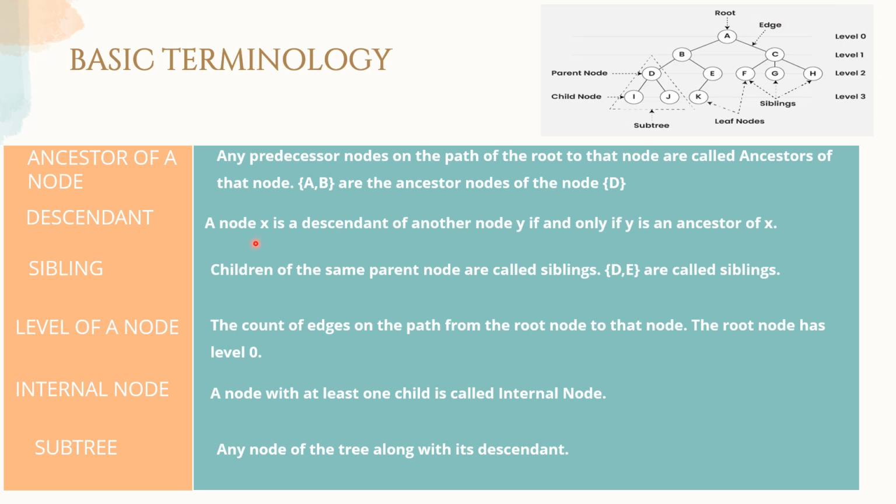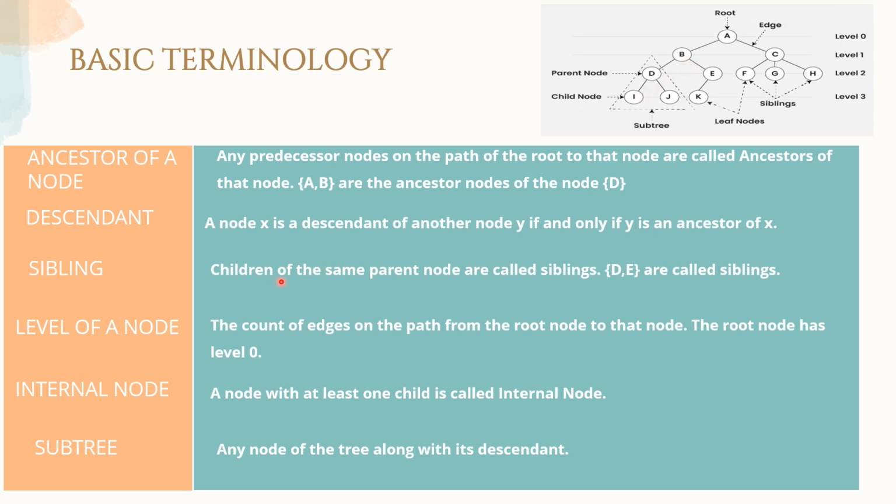A node X is a descendant of any other node Y if and only if Y is an ancestor of X. So from this you can say D is a descendant of A and B because A and B are ancestors of D.